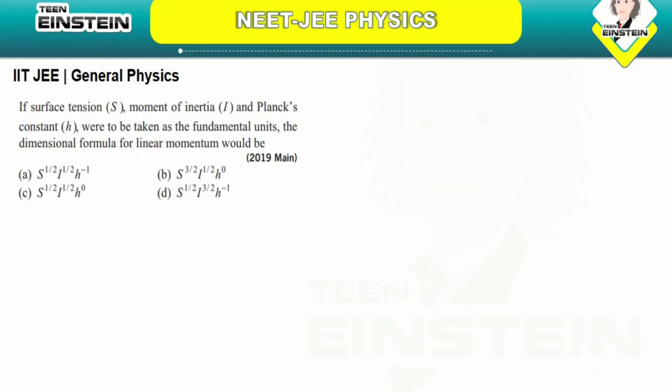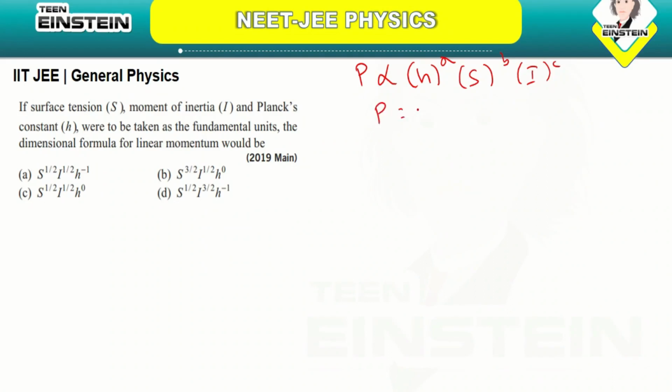So, let P be directly proportional to h power a, where h is Planck's constant, into S power b, S is surface tension, and I power c, where I is the inertia.